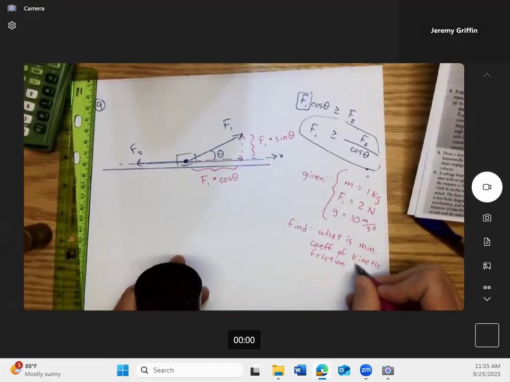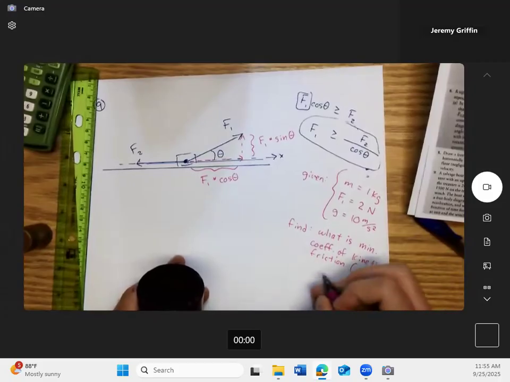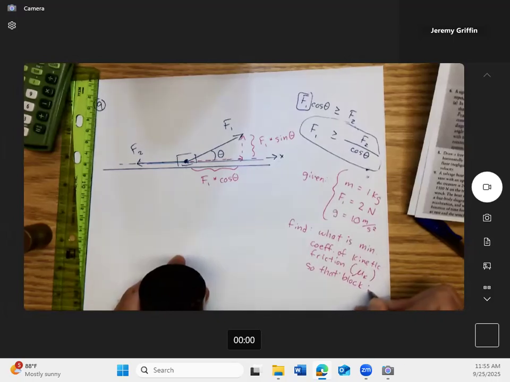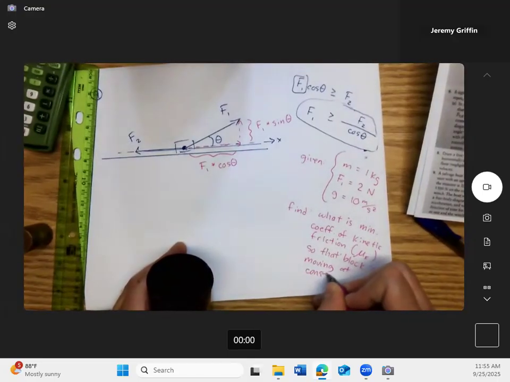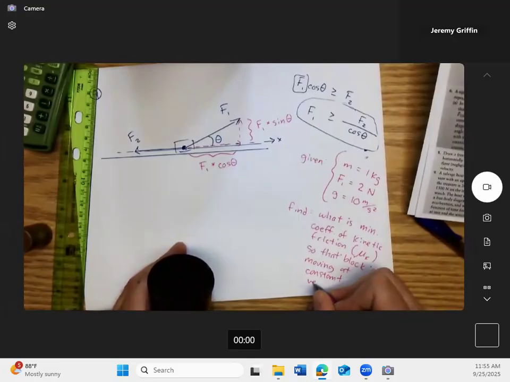Coefficient of kinetic friction, isn't that mu sub k? Okay. So that block is moving at constant velocity.